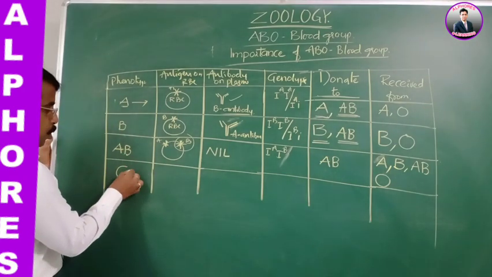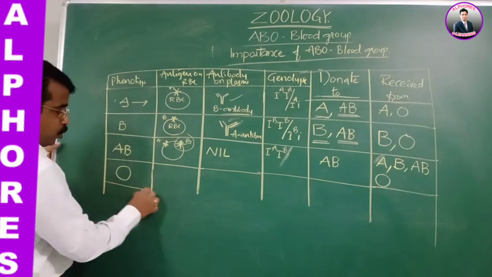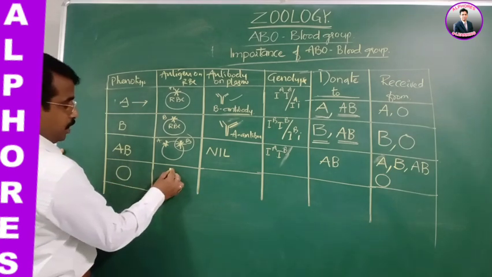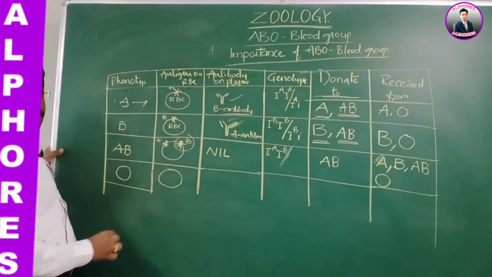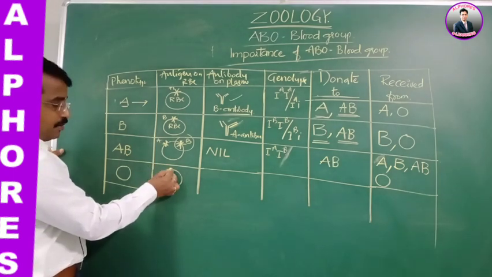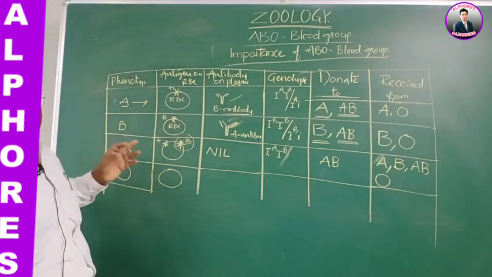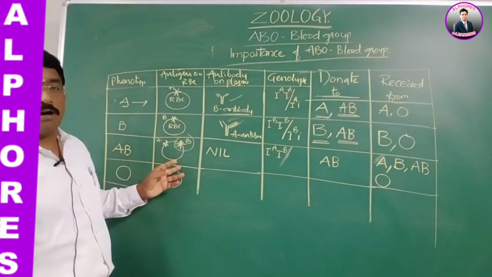Next, O is the blood group. He is with no antigen on its RBC. It is without the antigen on its RBC.